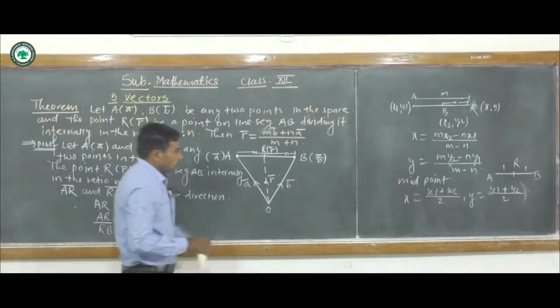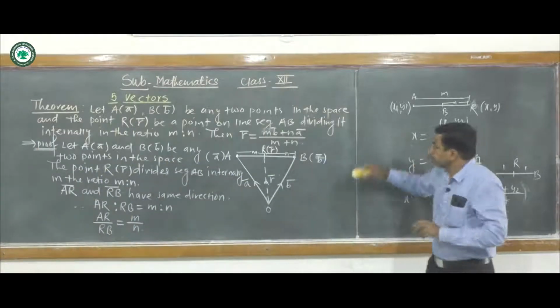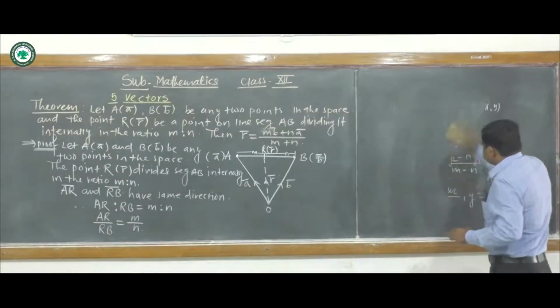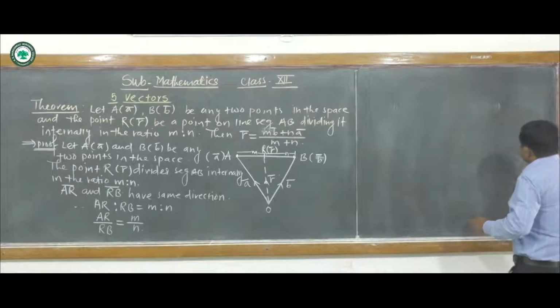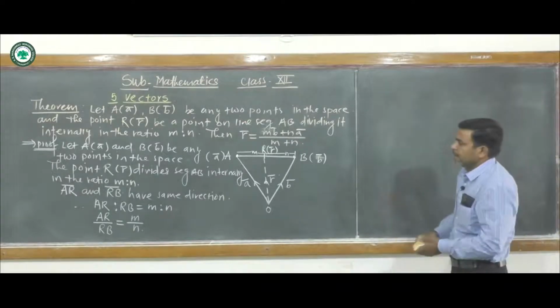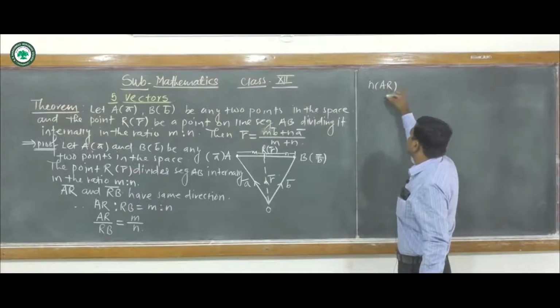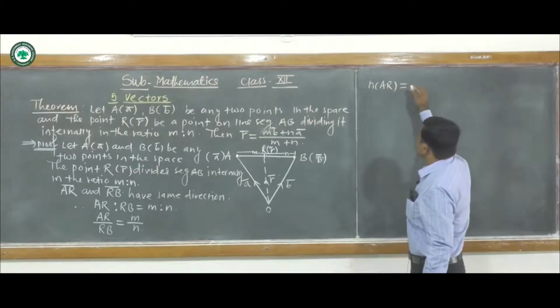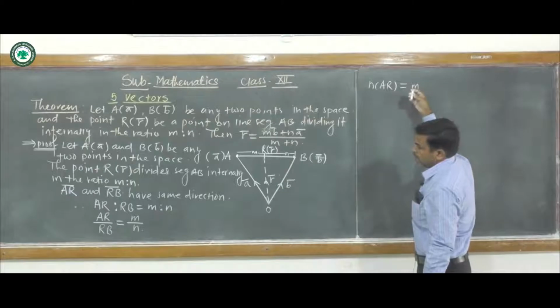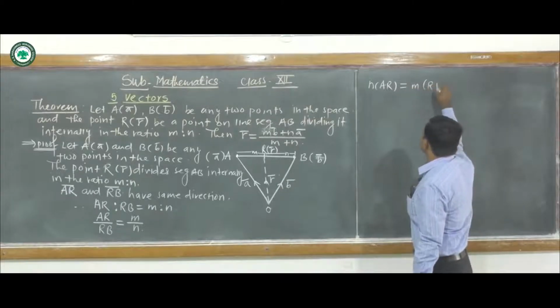So therefore n into AR is equal to m into RB.